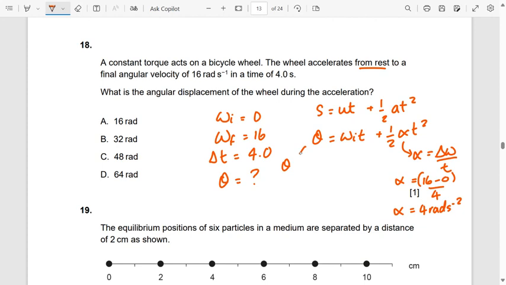So theta equals 0 times 4, which is 0, plus half of 4 times 4 squared. So that's 16 times 4 divided by 2, which gives me 32 rad. So the answer is B.